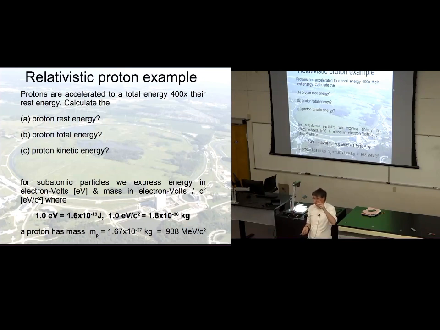They're better units of energy and mass than joules and kilograms for particles or for atoms or molecules. They're just much more convenient, and so I'm going to use them here. Just to remind us, 1 electron volt, which is a unit of energy, is a tiny fraction of a joule. 1 electron volt over c squared, which is a unit of mass, is a tiny fraction of a kilogram. So I'll work with electron volts and electron volts over c squared.